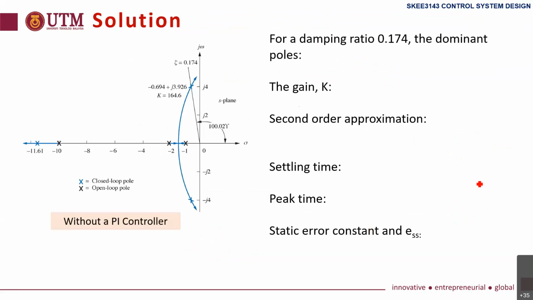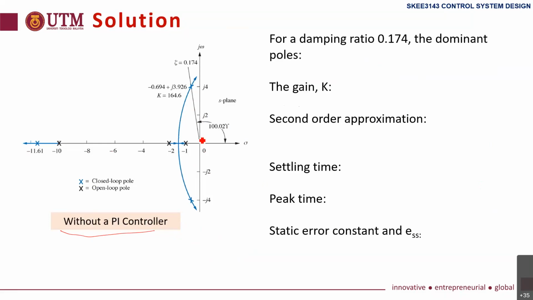In this subject, the design of the PI controller, and later the PD controller and PID controller, will be based on the root locus that we have just learned in the first topic. This is the root locus without a PI controller.